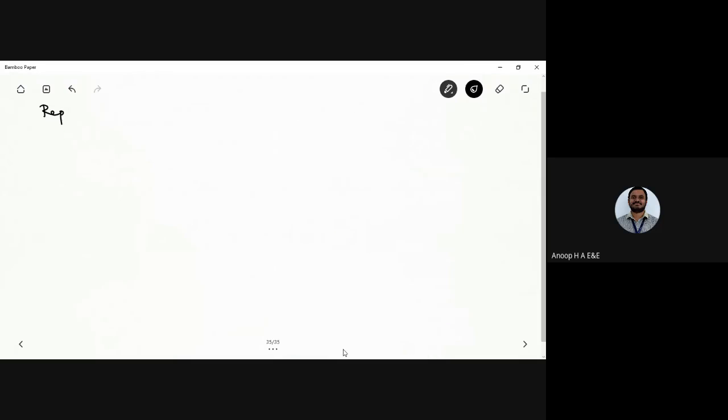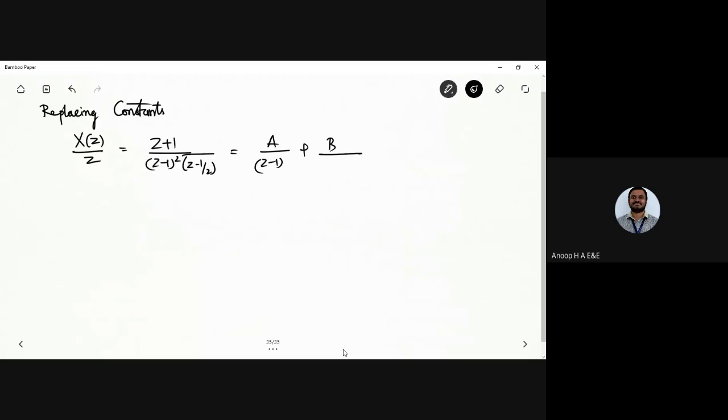So how do I get x of z divided by z? That would be equal to z plus 1 divided by z minus 1 the whole squared into z minus 1 by 2. That would be equal to A divided by z minus 1 plus B divided by z minus 1 the whole square plus C divided by z minus 1 by 2. Okay, so what's the value of A here? The value of A is said to be minus 6.